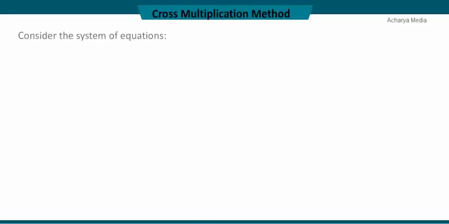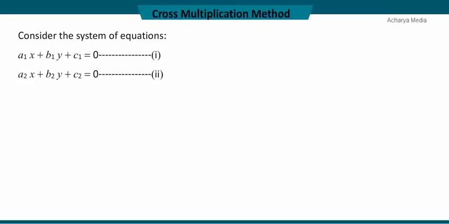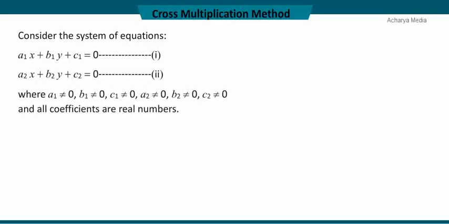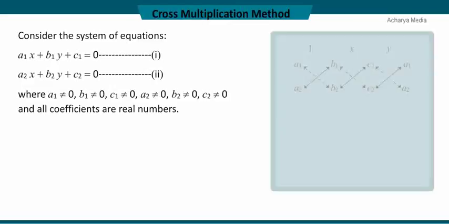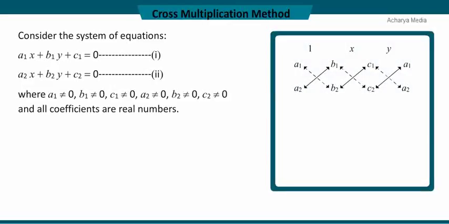Let us use the method of cross multiplication to solve the system of linear equations. Write the given system of equations as shown here, where the coefficients are real numbers and not equal to 0. Write 1, x, y in the first line as shown. Then, write the coefficients from the two equations in the next two lines.